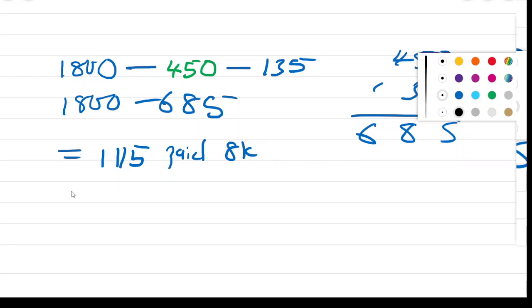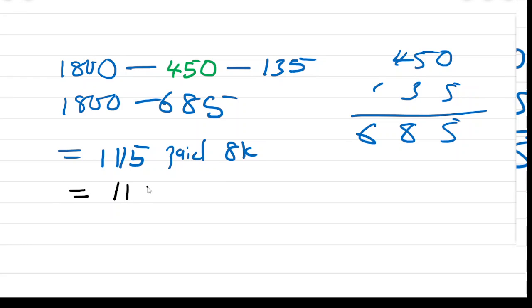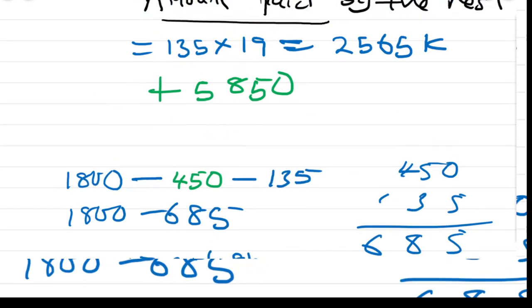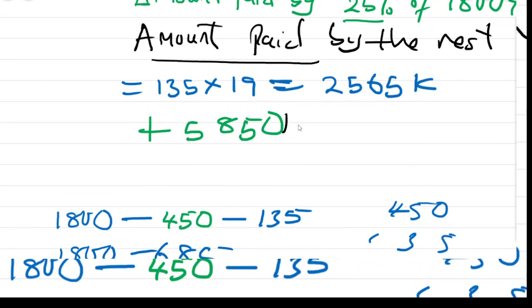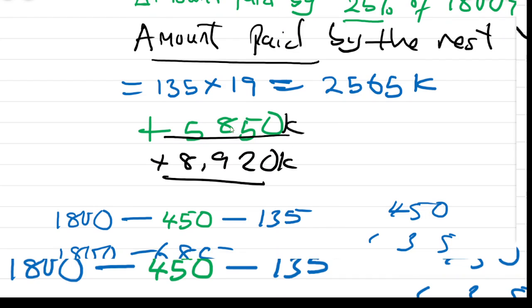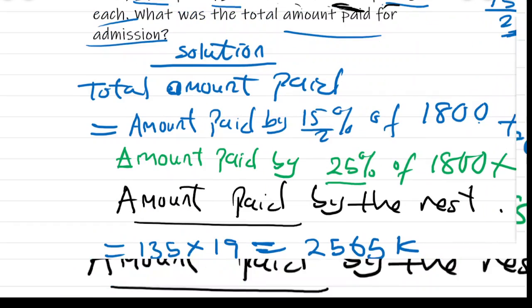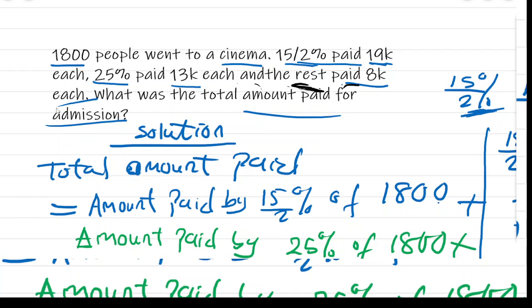That means they pay a total of 1,215 multiplied by 8, which is 9,720 kobo. So for the last part here, this is plus 9,720 kobo. If you add this kobo and this kobo and this kobo, you should get the amount they all paid for the admission.